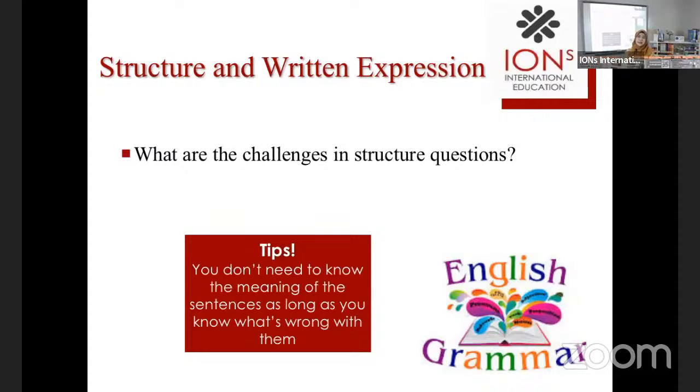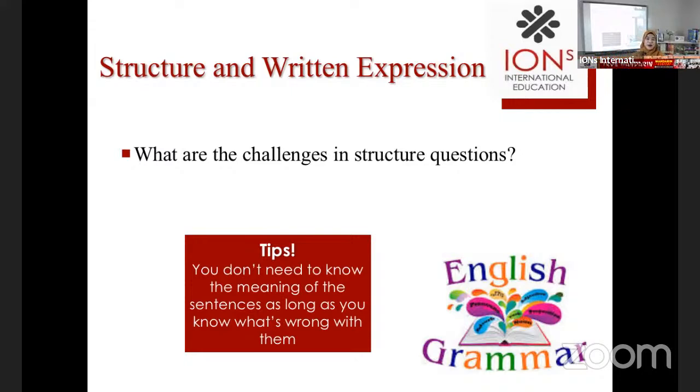Nah, apa sih Miss yang harus kita kuasai supaya kita itu bisa dapat nilai yang memuaskan di section yang kedua ini? Oke, yang pertama, the first thing that you need to do is understand the sentence, the structure of English sentence. Jadi harus tahu subject, verb, predikat, dan lain-lain, gitu ya.